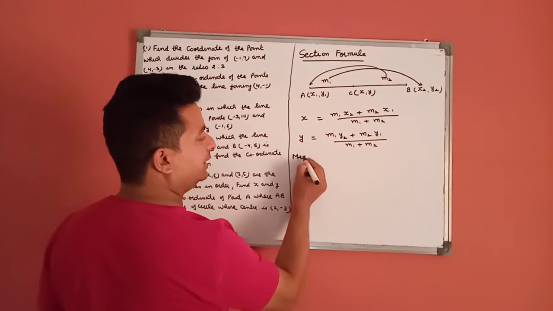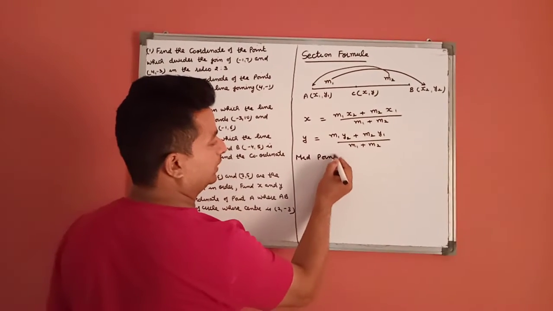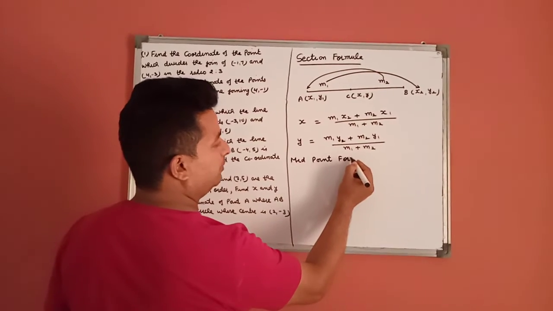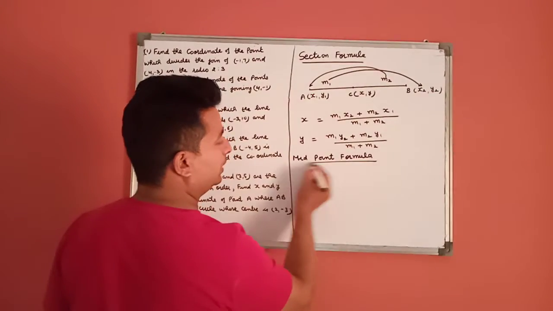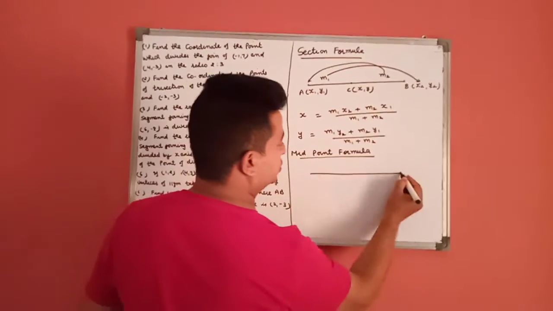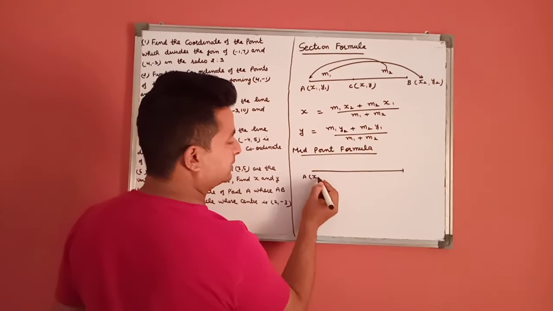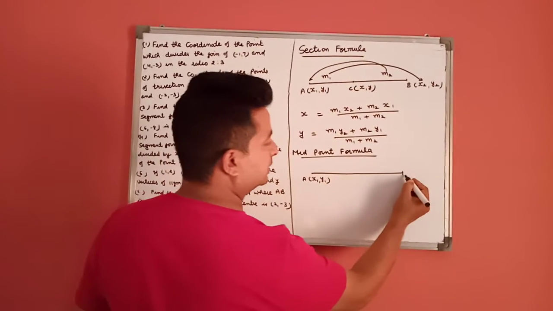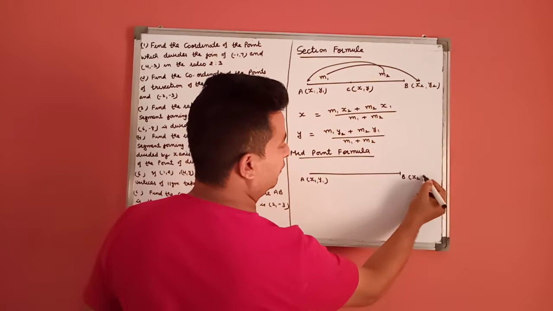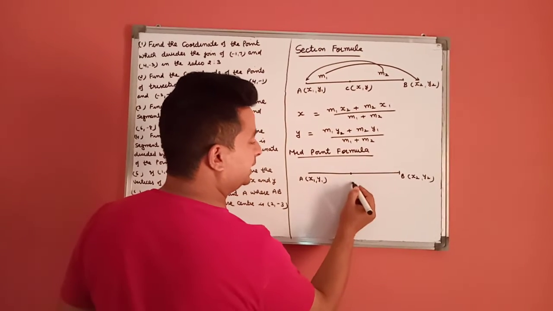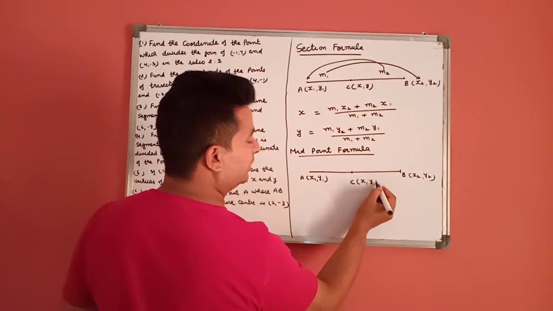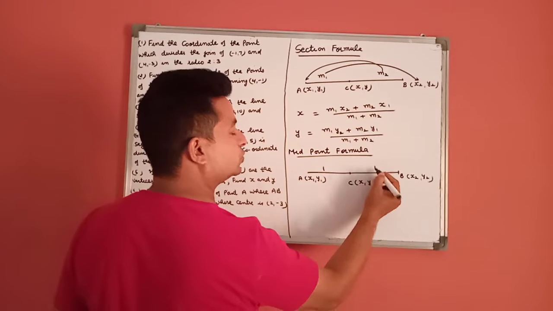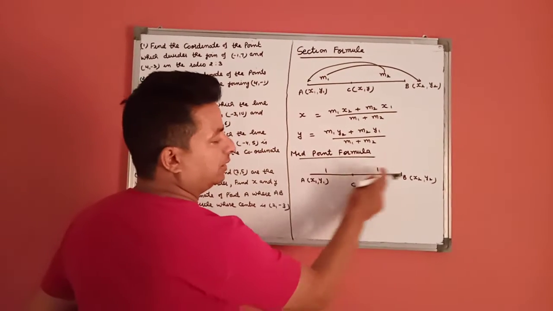The second one is called midpoint formula. In midpoint formula, if we take these 2 points, A is (x1, y1) and B is (x2, y2) and point C is (x, y). For midpoint, we divide in the ratio 1:1.